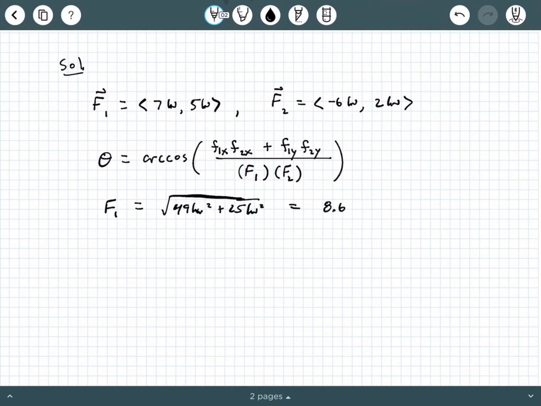So I get a magnitude of about 8.602 kilonewtons. And then the magnitude of f2 is the square root of 36 kilonewtons squared plus 4 kilonewtons squared. We would end up getting the square root of 40 here, so that would be a magnitude of 6.325 kilonewtons.